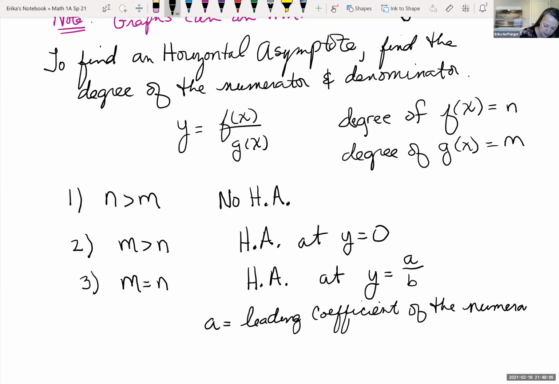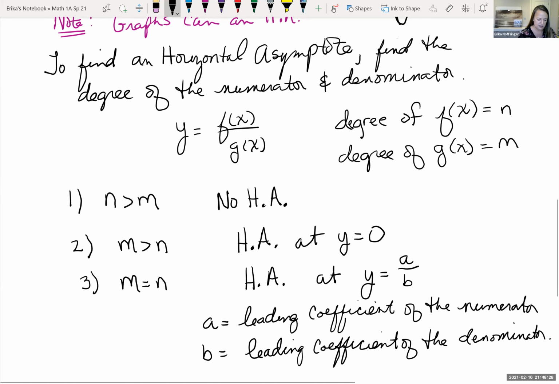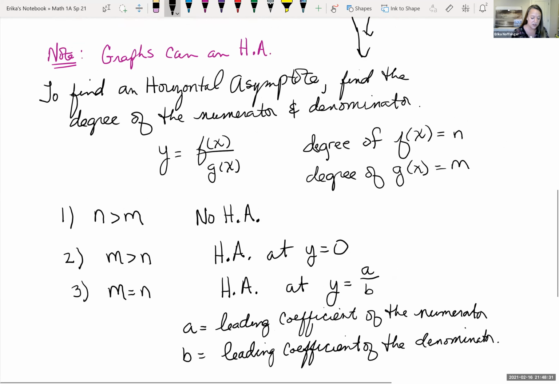And b is equal to the leading coefficient of the denominator. So we only have a horizontal asymptote if it's a rational function, and whether it has one depends on the degrees of the numerator and denominator.